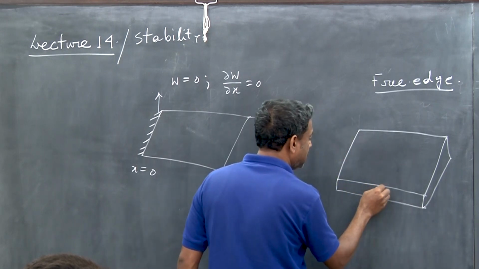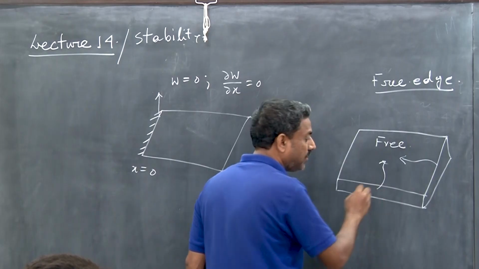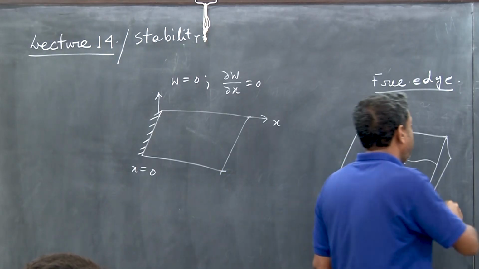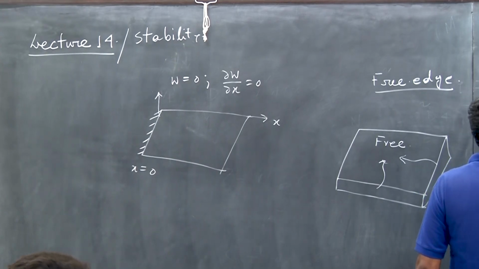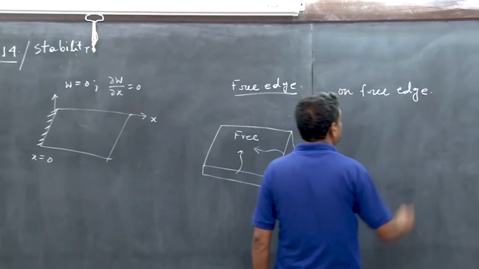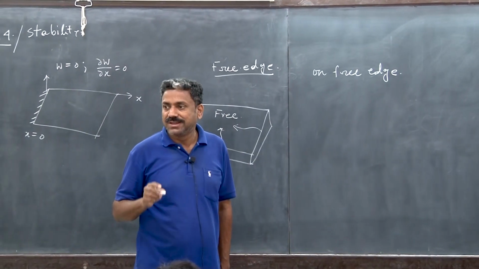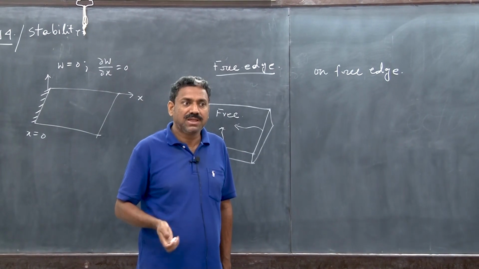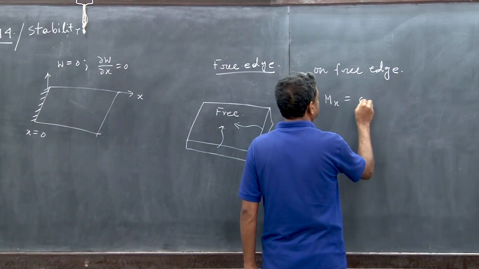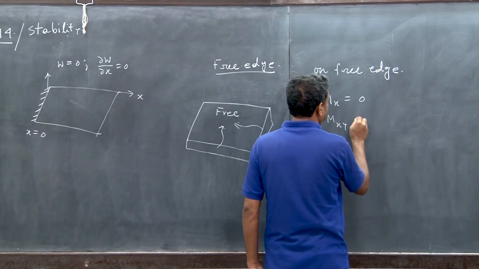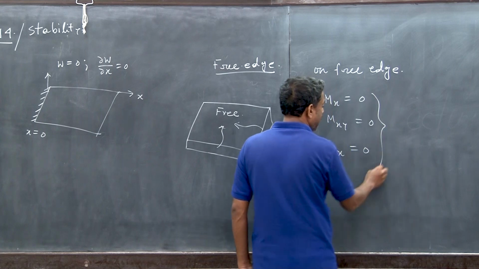I am assuming that these edges are free edges. On a free edge, the bending moment is 0, the shear force is 0, as well as the twisting moment is also 0. So, bending moment Mx is 0, twisting moment Mxy is 0, and Qx also 0.